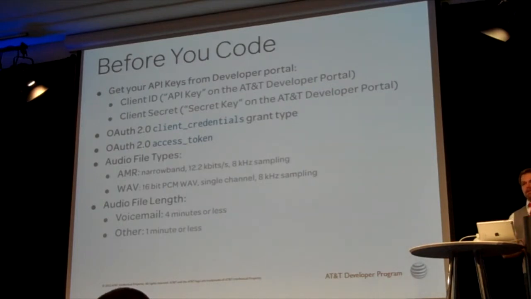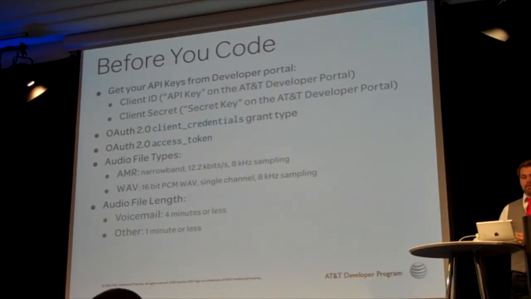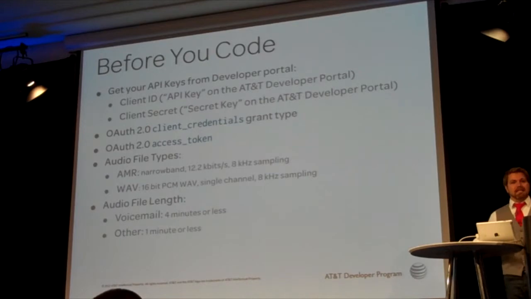The next thing that you need to do, once you've actually got your API keys and you want to get started authenticating your app to the API so that you can connect your voice to text system, is use the OAuth 2 client credentials grant type to obtain an access token.